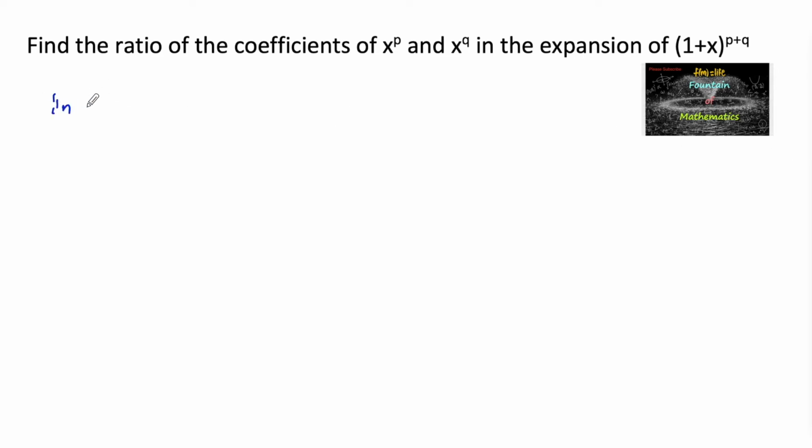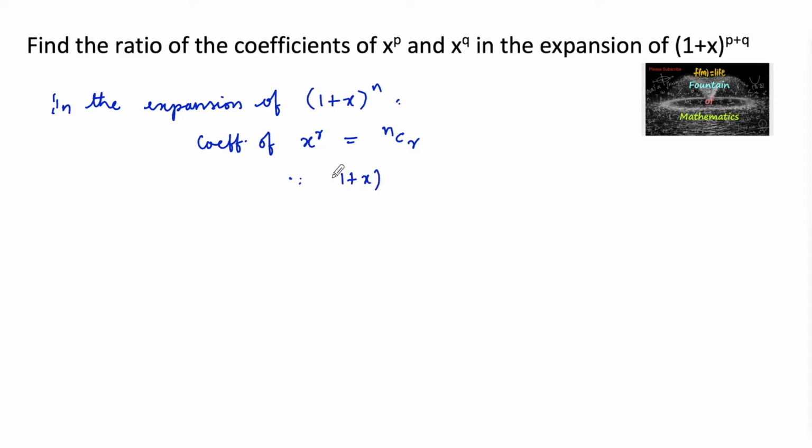We know that in the expansion of (1 + x)^n, the coefficient of x^r is nCr, since (1 + x)^n is equal to the summation over r equal to 0 to n of nCr x^r. So the coefficient will be nCr for x^r.